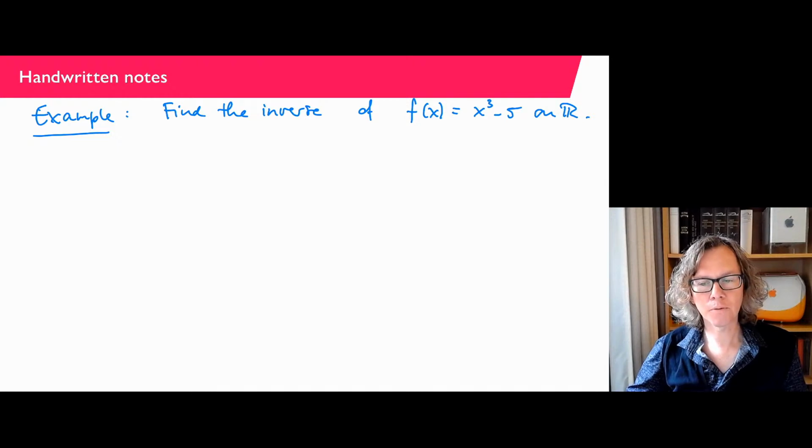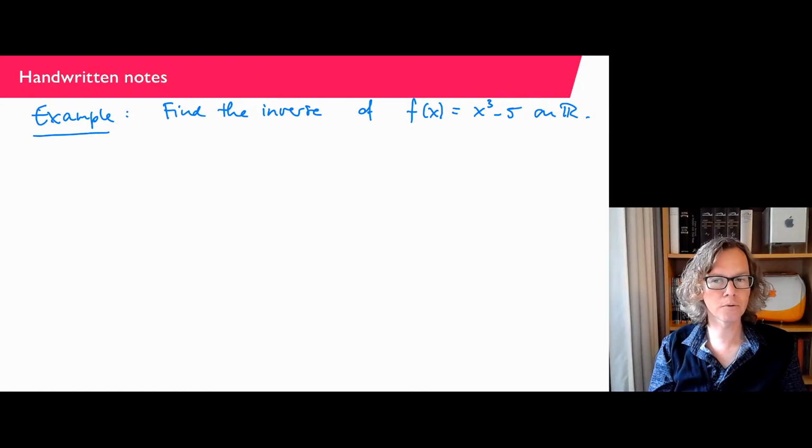The reason for that will become clear in a second. But this function is nicely defined for every real number. So for every x, I can compute y, I can compute f of x.